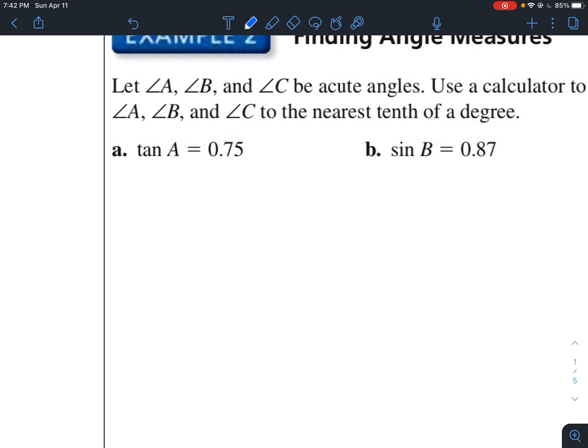So I'm going to do tangent inverse of tangent of A equal to tangent inverse of 0.75. On the left side, because this is tangent inverse and tangent, those will cancel, so I'm just left with A. So I have A is equal to tangent inverse of 0.75.